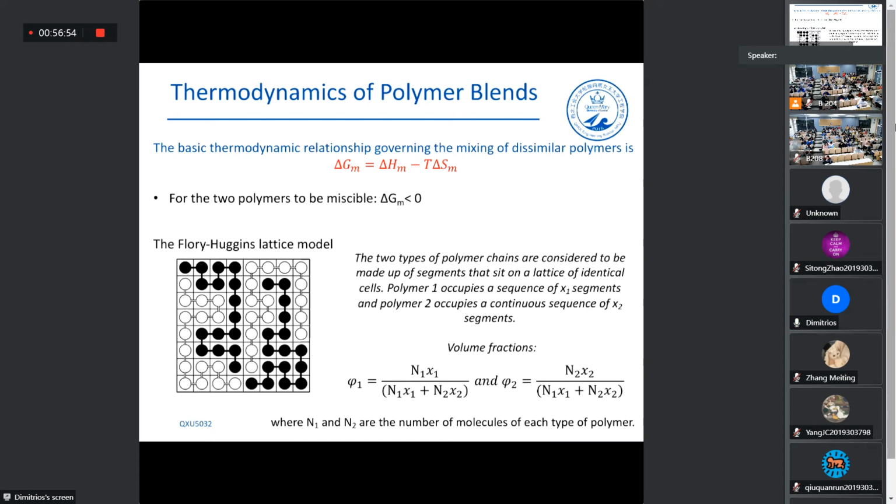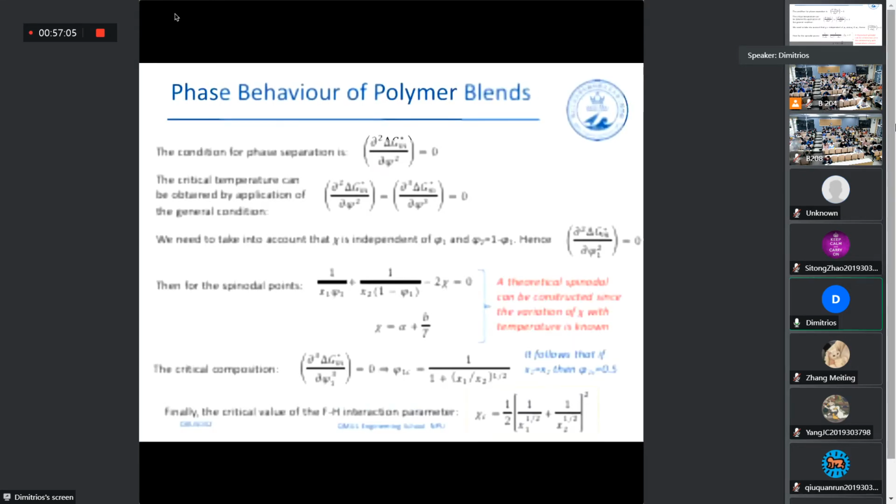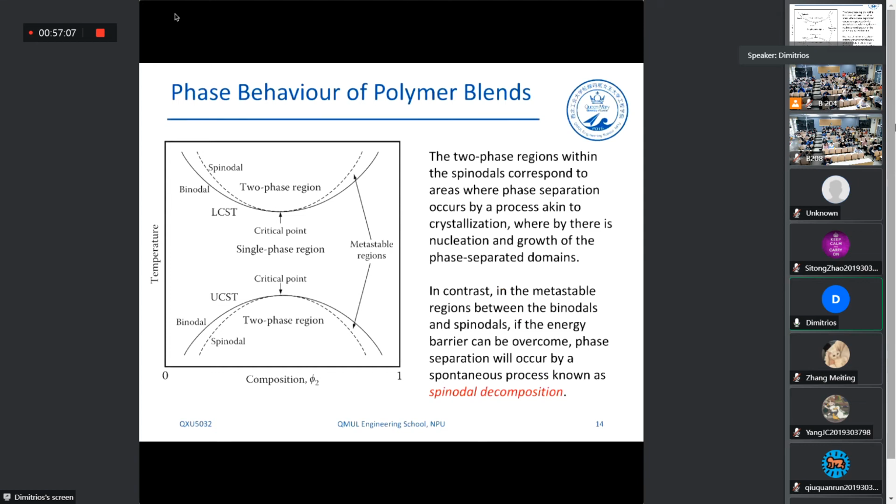And after the break, we continue with the thermodynamics of polymer blends and some other aspects such as the phase behavior and so on. Okay, so take a 10-minute break now, a bit earlier than usual, and we'll continue after the break.